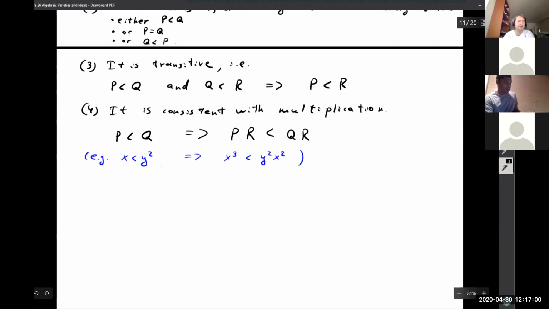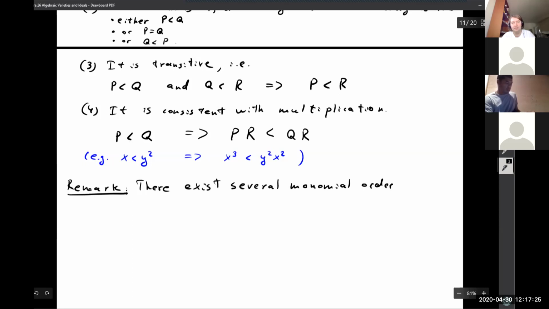Remark that such orderings do exist. There exist several monomial orderings satisfying conditions 1 to 4.